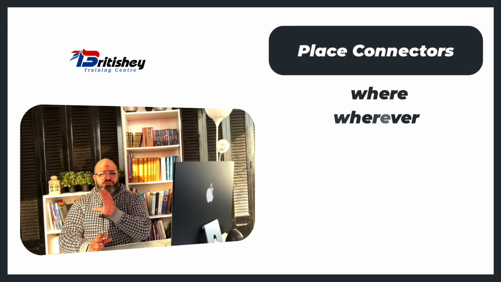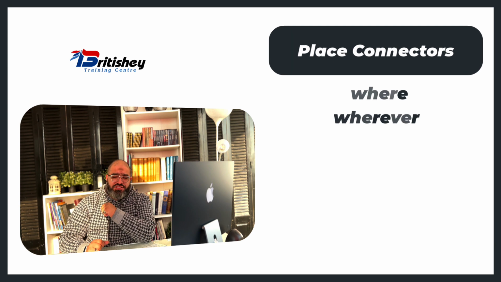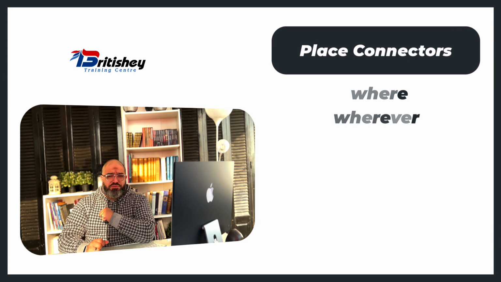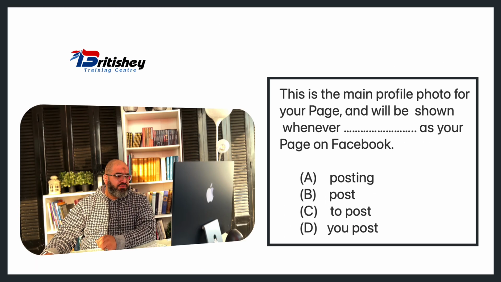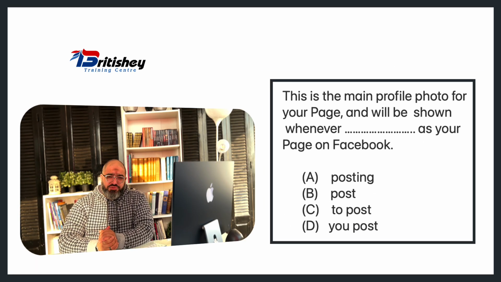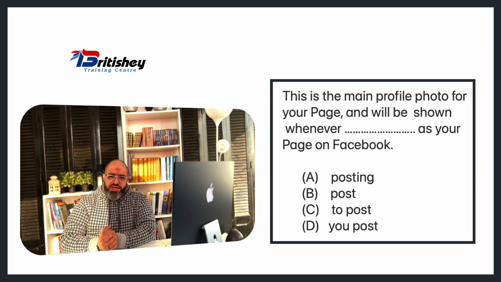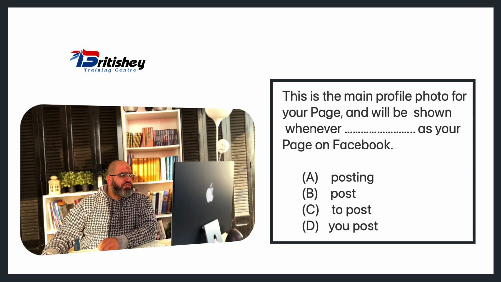Now let's see how these connectors can be tested in the ITP TOEFL exam. Let's go to this question. And we have an MCQ here. Let's read it together. This is the main profile photo for your page and will be shown whenever as your page on Facebook.